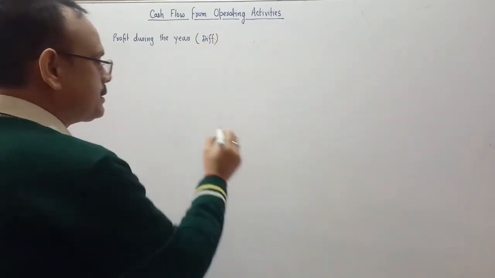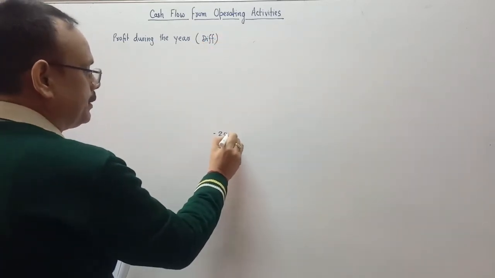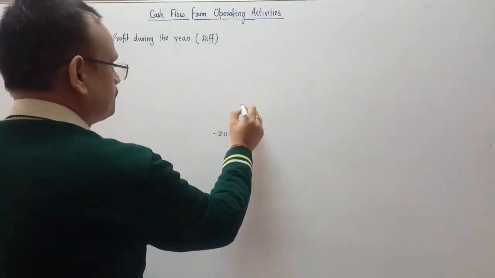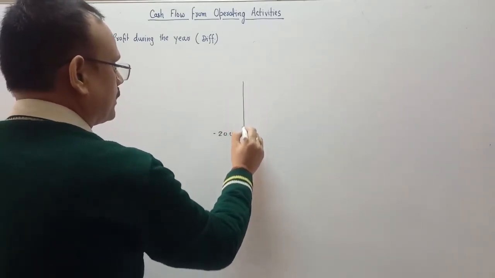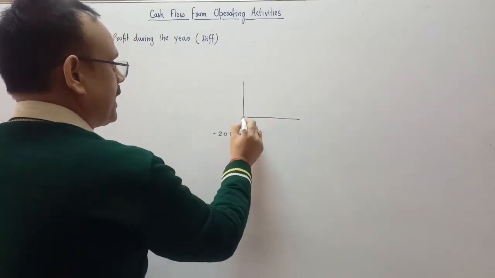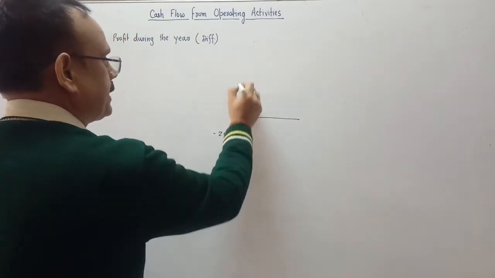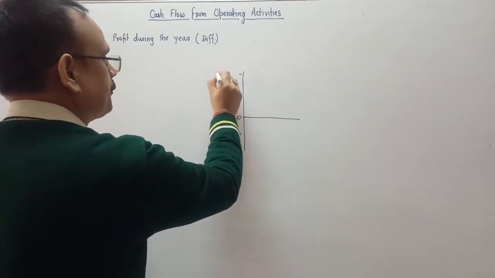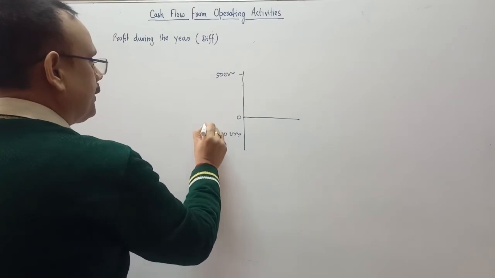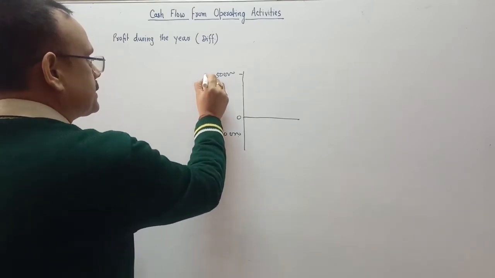Minus 20, and the profit reached 50,000 plus. It means the profit earned during the year is 70,000.